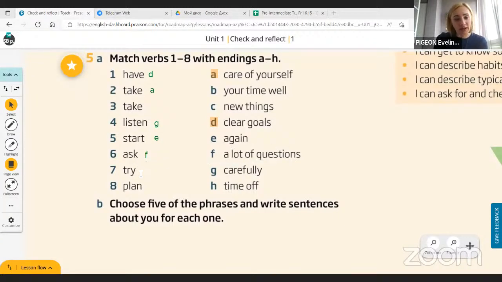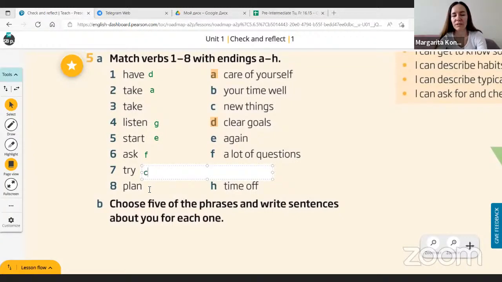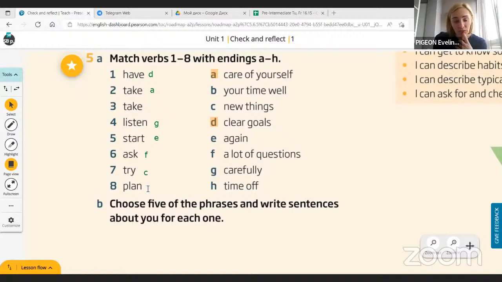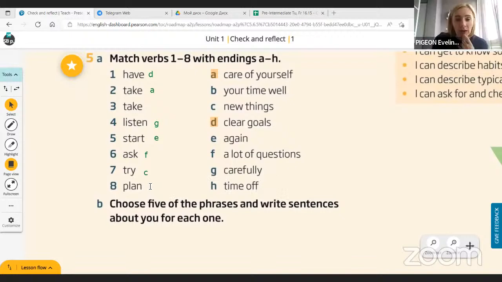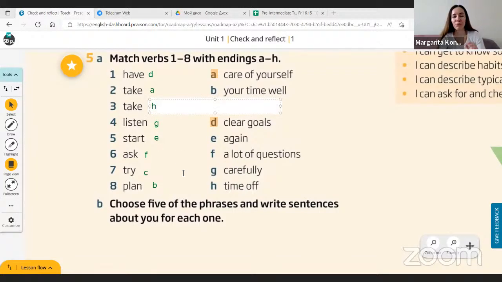Try again, but there can be another phrase also. Try new things. And plan. Plan time off. No, not time off. Plan your time well. That's right. And take time off. This is now correct. Okay.